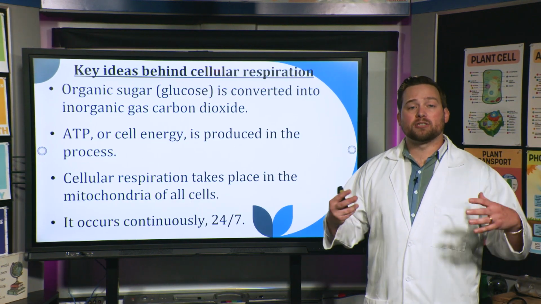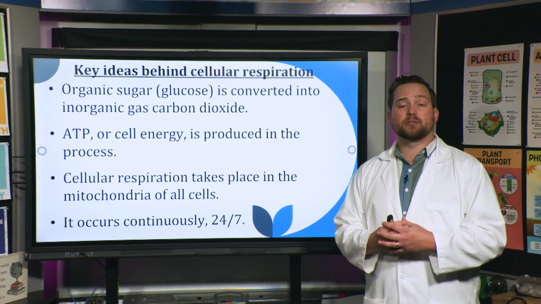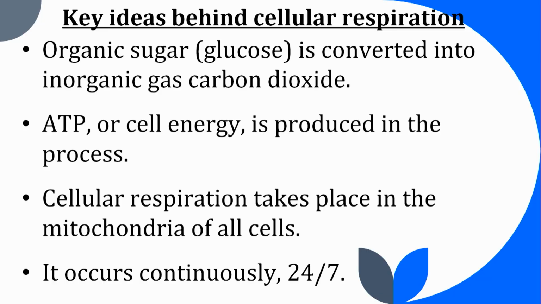Okay, so here are some key ideas behind cellular respiration that I would like for you to keep in mind. Remember that organic sugar or glucose is converted into inorganic gas, carbon dioxide. You're going to take in food, you're going to take in that glucose through your diet, and then as you break it down into ATP, you're going to exhale. And what are you exhaling?